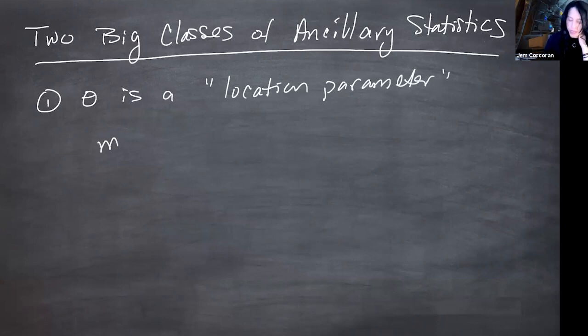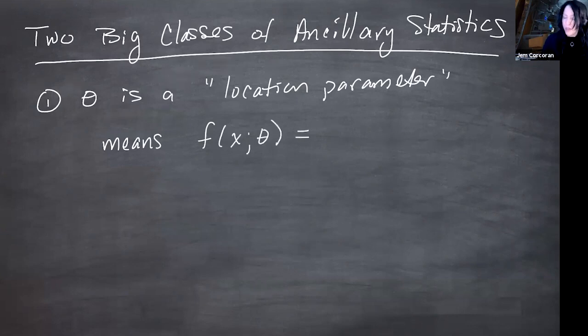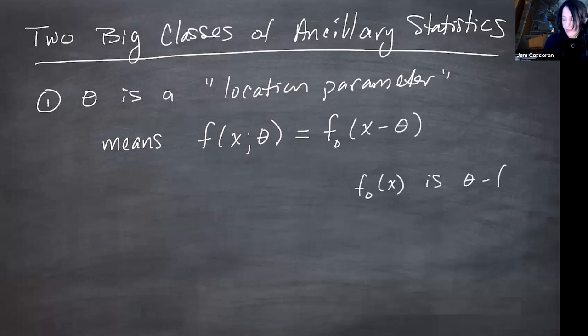And this means that the PDF, which doesn't have to be the joint PDF, is or can be written as some other function, like f naught, that doesn't depend on any parameters, and you plug in x minus theta. So here, f naught of x is theta free.